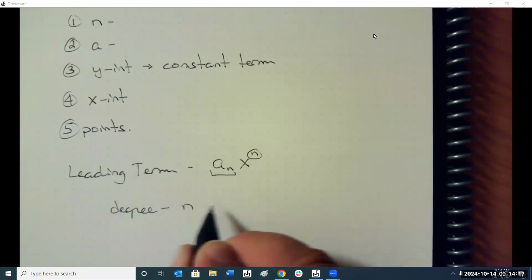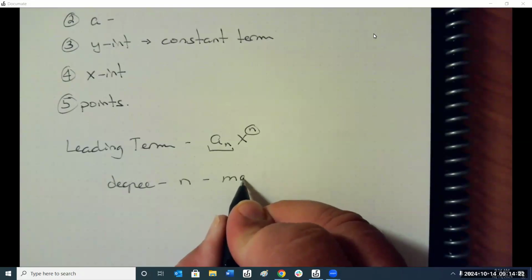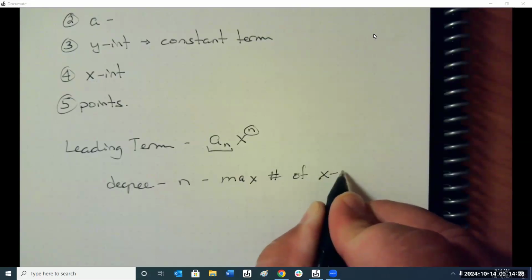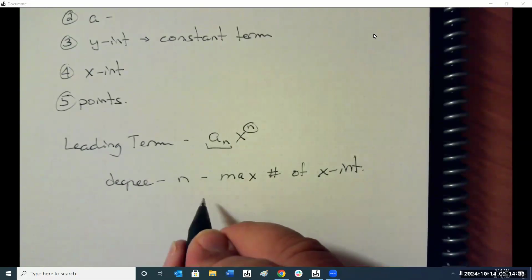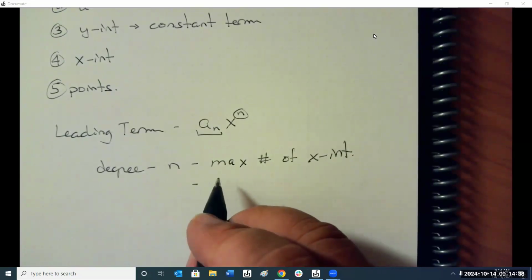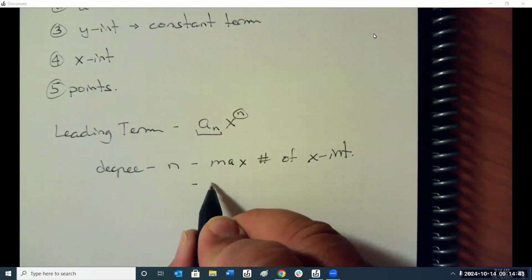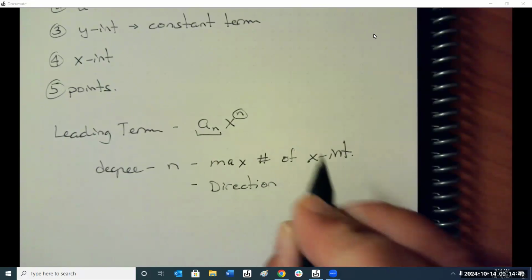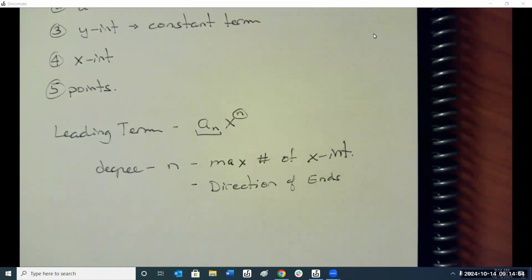The degree is n. This tells us the maximum number of x-intercepts. It tells us the direction of the ends of the graph.